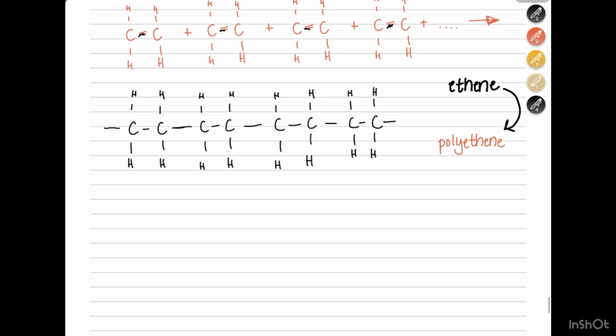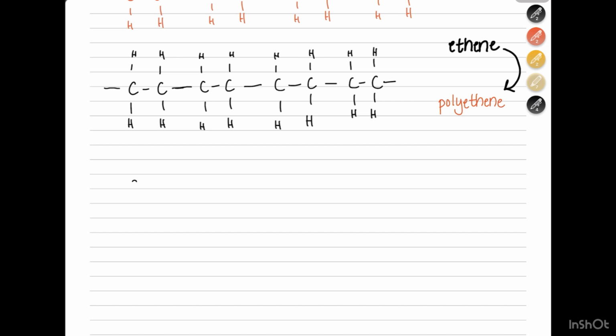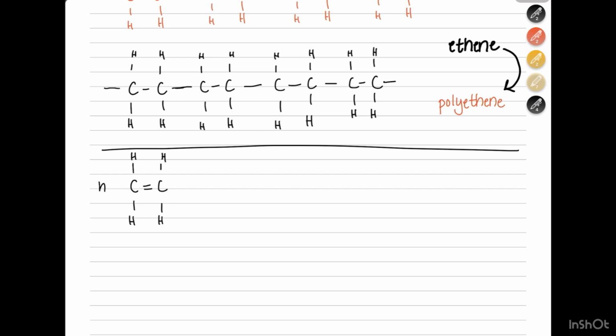There's another way to write this. We can write C double bond C, and then it has H. This is another way to write the equation of polymerization. We have n number of ethene molecules. They undergo polymerization to form polyethene. Can you see the repeating unit?